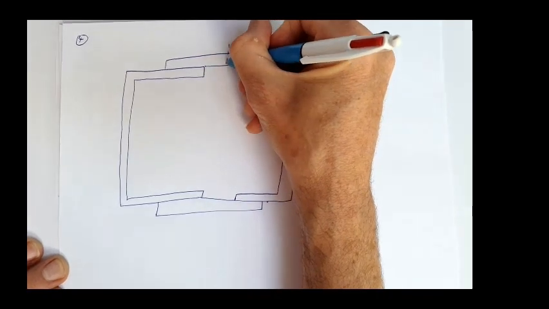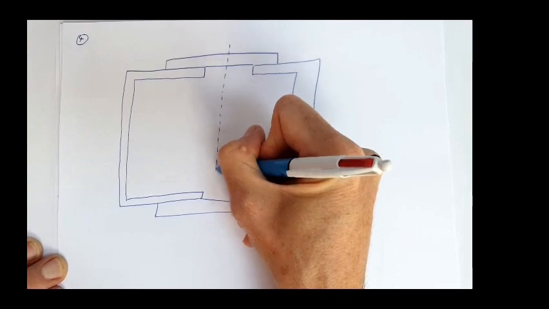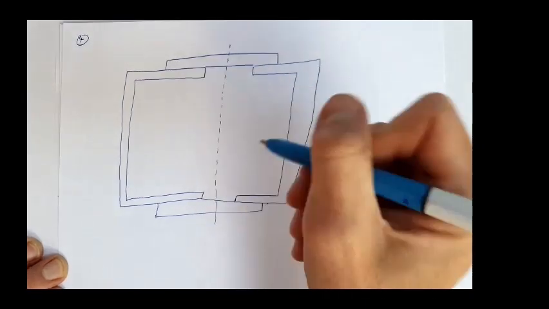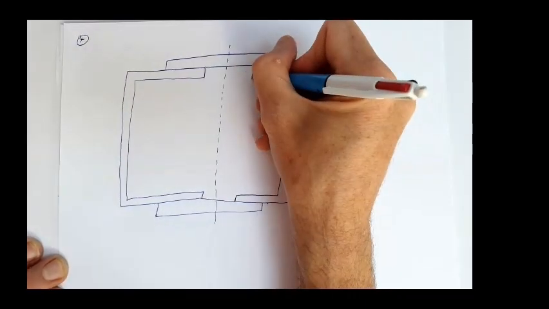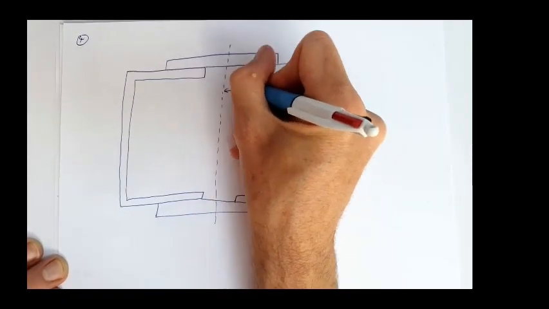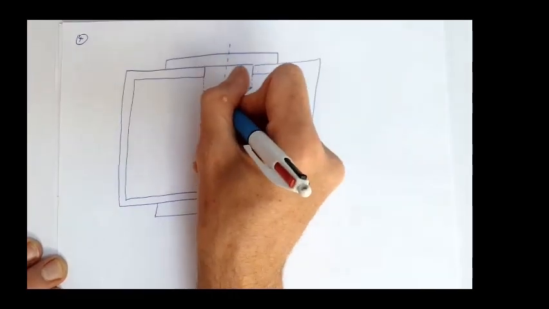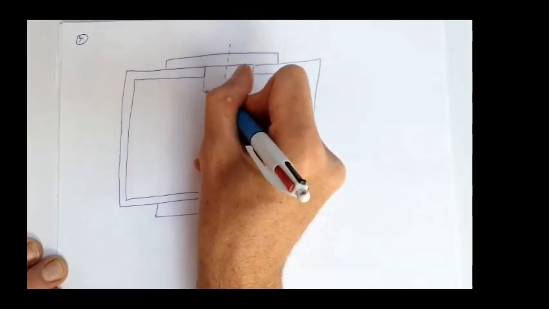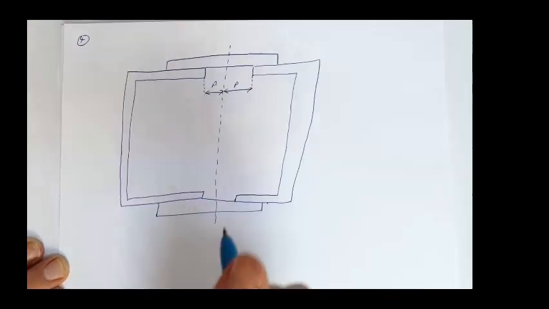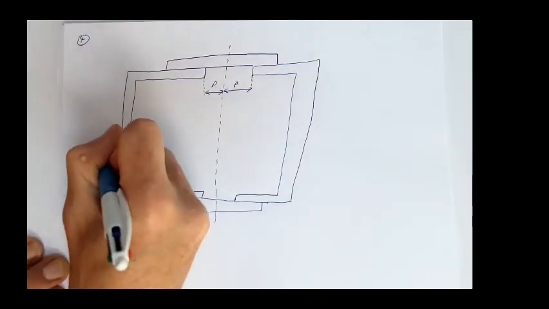So if we consider this to be the center of my section, what is this distance here? Let's call that P, the pitch of the plates. So what does P need to be in order to get the same second moment of area around the global x-axis?